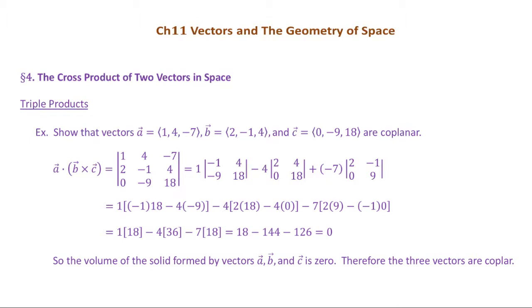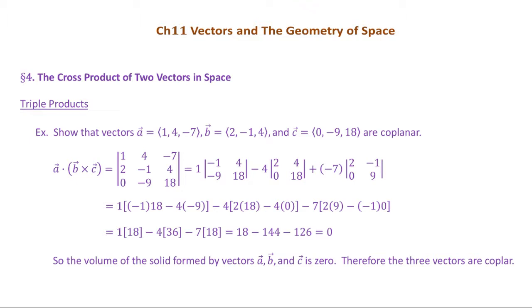So let's show that vectors A, B, and C are coplanar, where A is 1, 4, negative 7, B is 2, negative 1, 4, and C is 0, negative 9, 18. We want to show these three vectors are coplanar, so we just do the triple product. That's the easy way to do it. There are other ways, but this is one way.